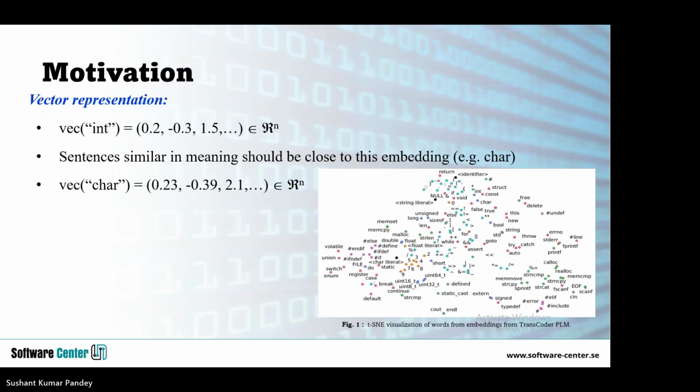Here we can see that print and scriptTree are very close to each other. The const and struct are very close to each other because their semantic meanings are really close. So we are also following this strategy in our initial study.